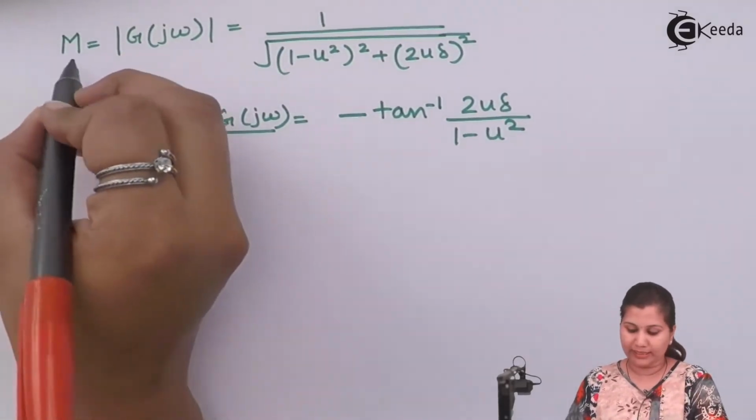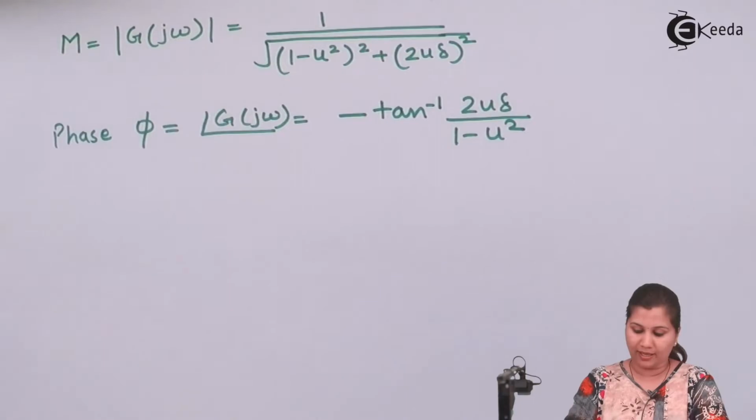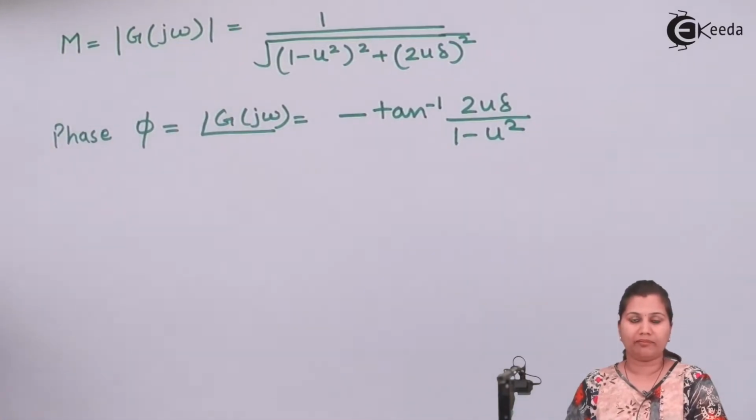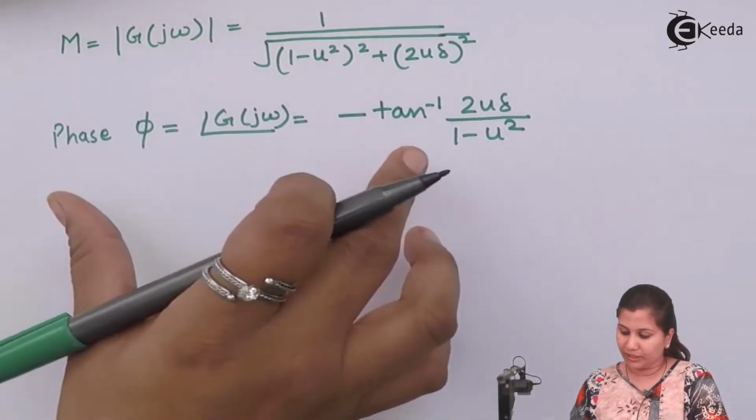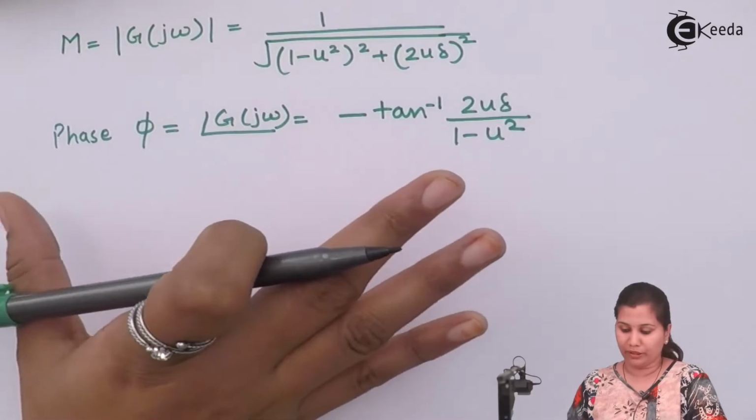So we have calculated the magnitude and the phase. Now in the frequency domain, we have studied the design specification as the resonant frequency. So here we are going to calculate the resonant frequency.